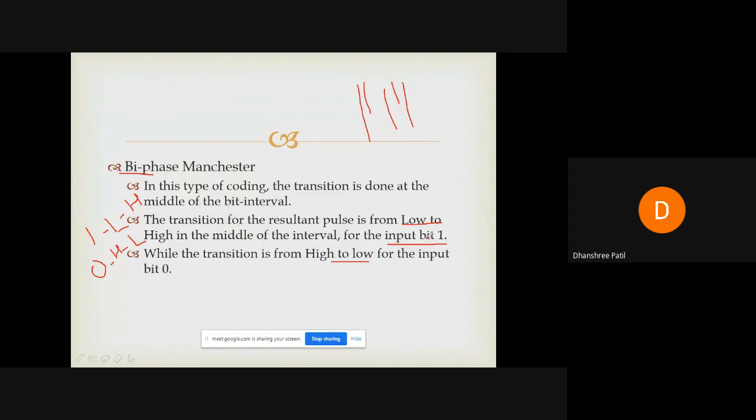Means if the bit is 1, the signal should go low to high at the middle of the interval. And if the bit is 0, it will go high to low, again at the middle of the interval. So 1 represents low to high, 0 represents high to low.